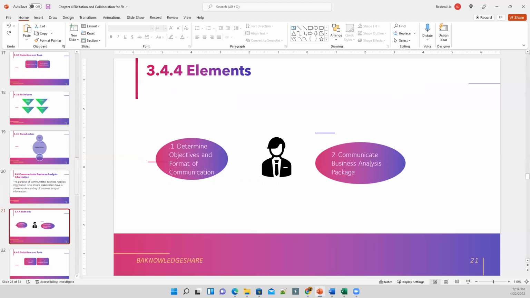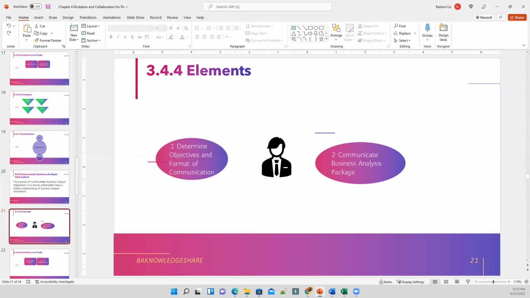So the format of the communication, whether it needs to be formal, informal, or in any other sort of form. And then communicate the business analysis package, which then goes into whether there needs to be group collaboration, individual collaboration, or email, or any other nonverbal methods to communicate things.